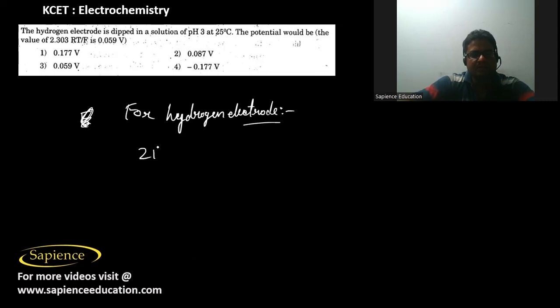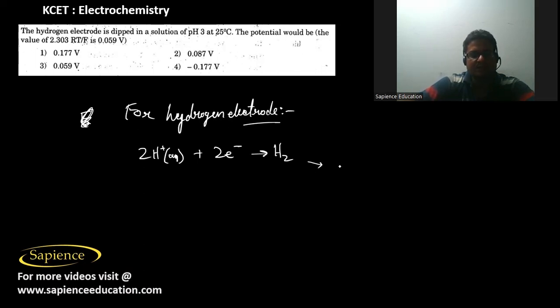So as you know, for the standard hydrogen electrode, the reaction which happens is 2H+ ion in the aqueous solution will gain 2 electrons to form H2.